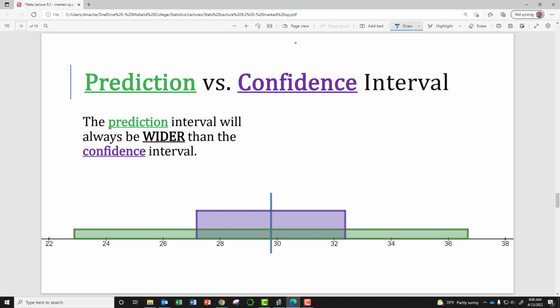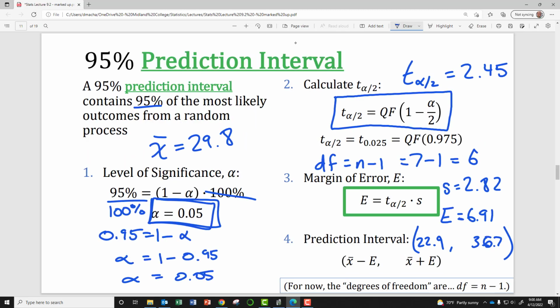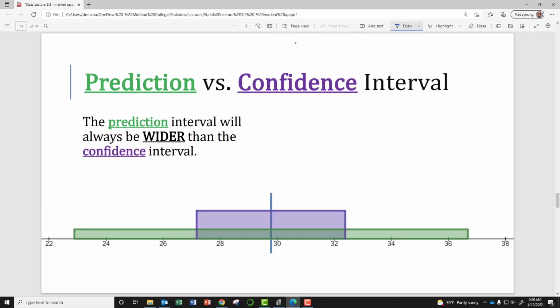Now, what's true here is since the standard deviation of the underlying process is always greater than the standard deviation of the distribution for the sample mean, the prediction interval will always be wider than the confidence interval. So in my example that I just did, we found a prediction interval of 22.9 up to 36.7. So here's 22.9 and here's 36.7 on a number line. So the green rectangle represents my prediction interval.